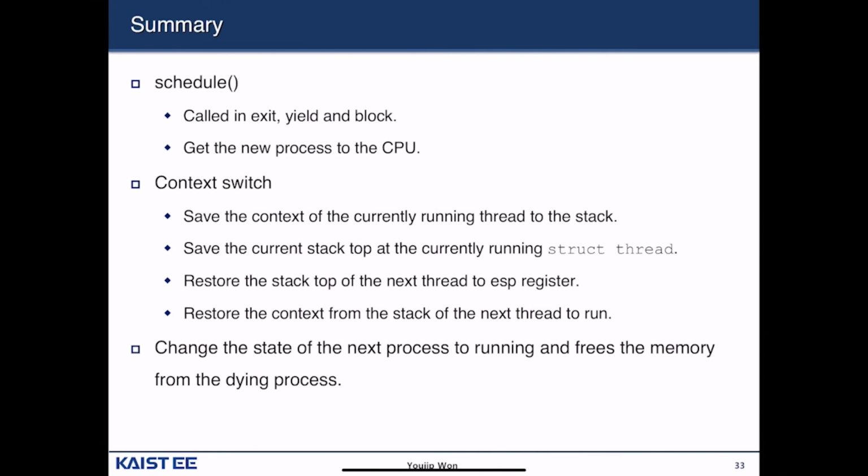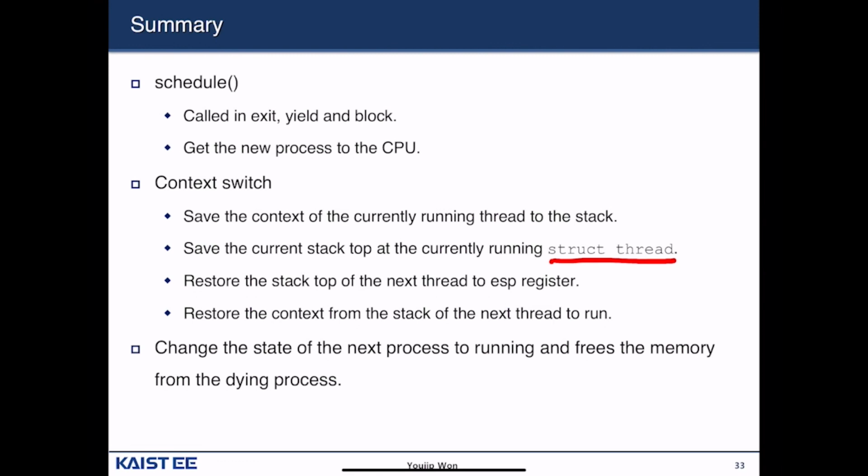In this video, we have explained the details of context switch in the Pintos operating system. The schedule function is called in exit, yield, and block, and it gets a new process onto the CPU. There are 4 important steps in context switch. It saves the context of the currently running thread to the stack, and then saves the current stack top in the currently running struct thread.